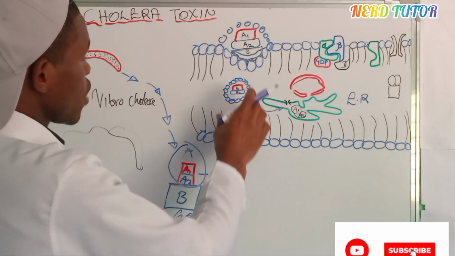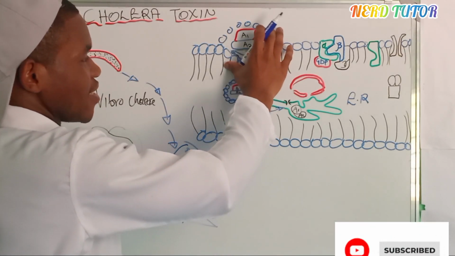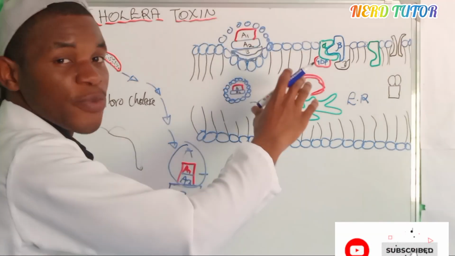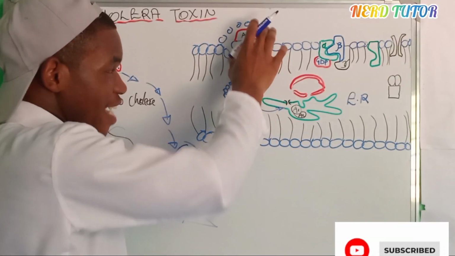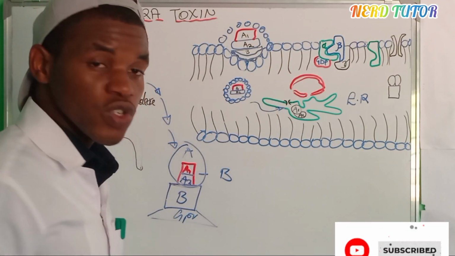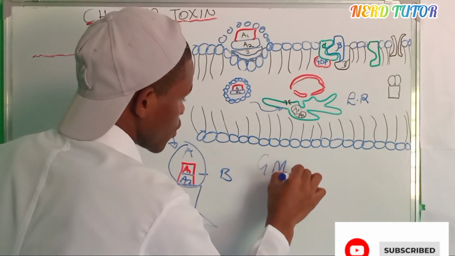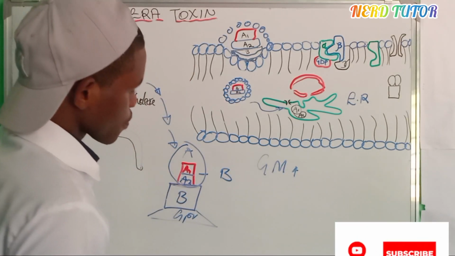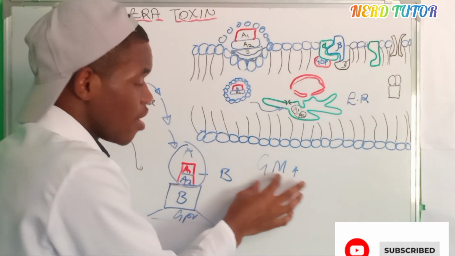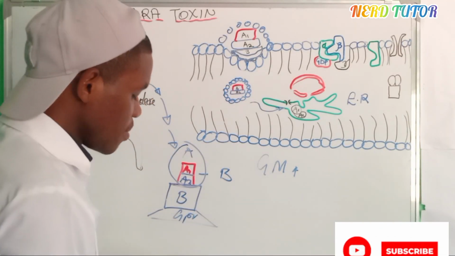Okay, so now what will happen is when they reach this part where there is a cell membrane, they will attach to a protein which we call GM1. So the GM1 protein stands for ganglioside monosialated. So let me even write it here.